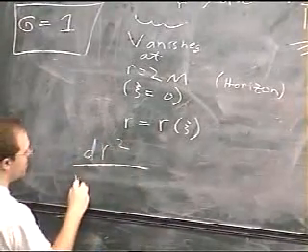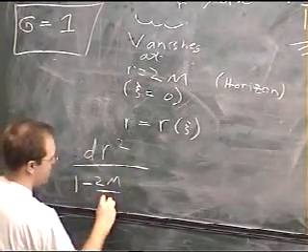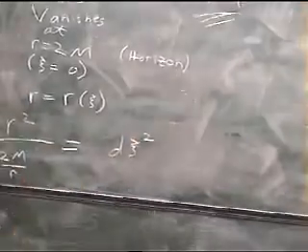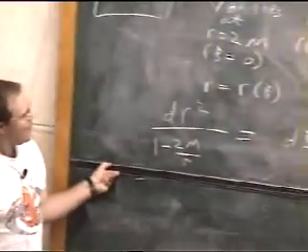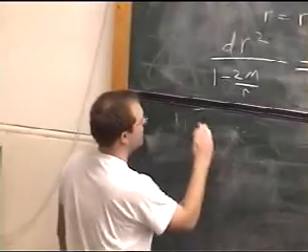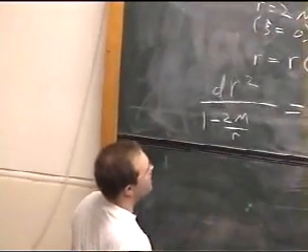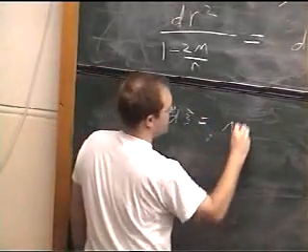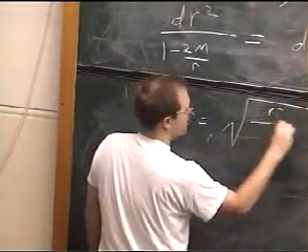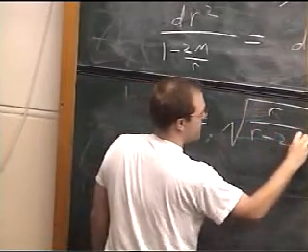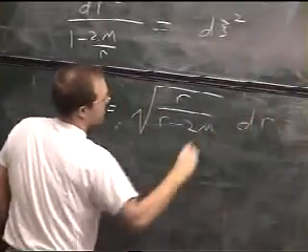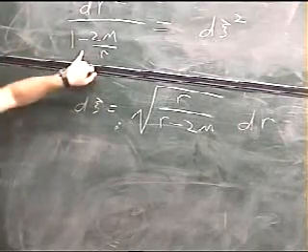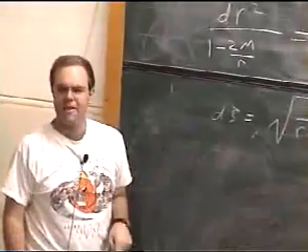So let's write dr squared over (1 minus 2m over r) is equal to dc squared. Or in other words, dc is equal to the square root of r over (r minus 2m) times dr. I've merely swapped the two sides, taken a square root, and sort of cleaned this up by multiplying both top and bottom by r.